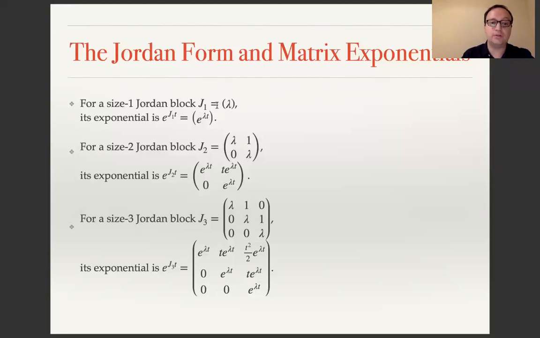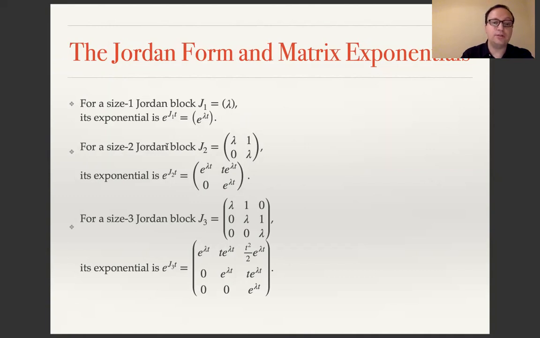So if J1 is the block consisting of just one eigenvalue, lambda, a 1 by 1 matrix, then its exponential, e to the J1 t, is the 1 by 1 matrix consisting of e to the lambda t.